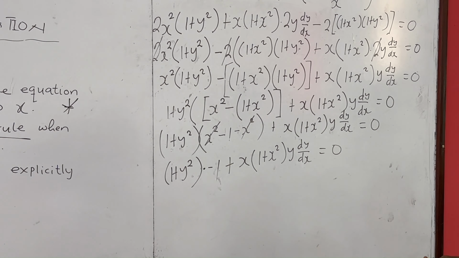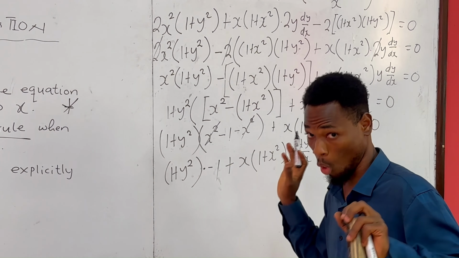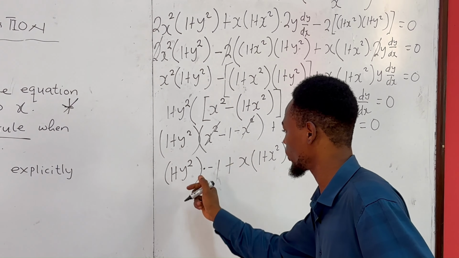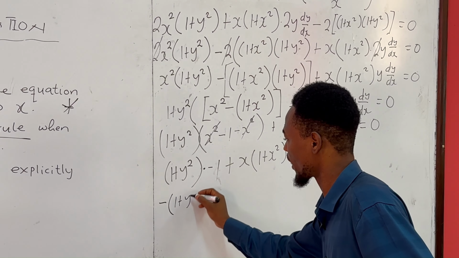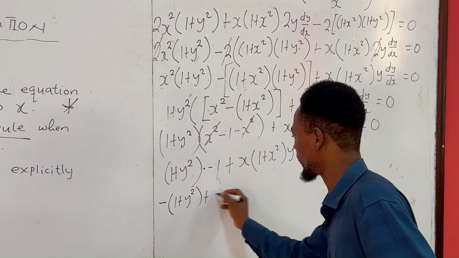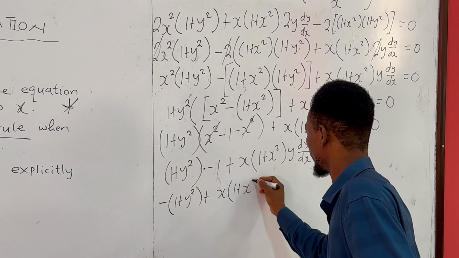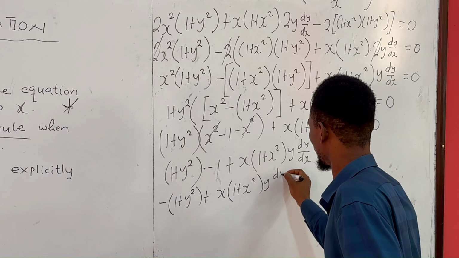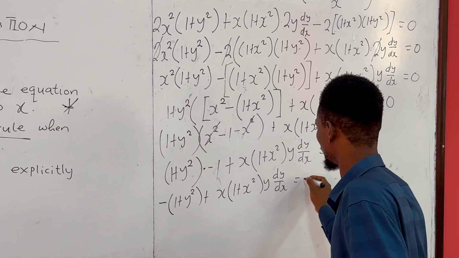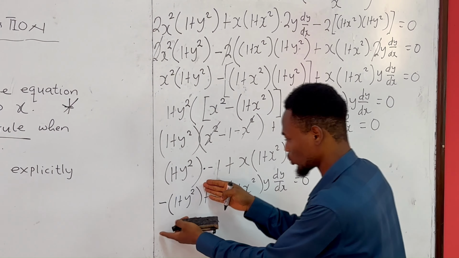Again, this is the same as the negative affecting everything, or you can just do it this way. You have negative into brackets 1 plus y squared, then plus I have x into bracket 1 plus x squared times y dy over dx is equal to 0. So I can allow this expression to cross.